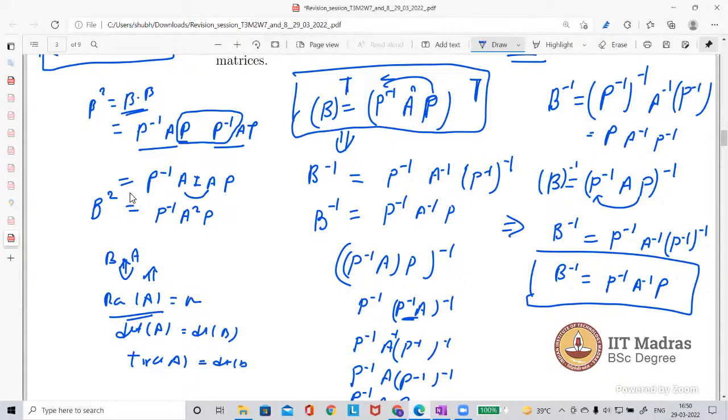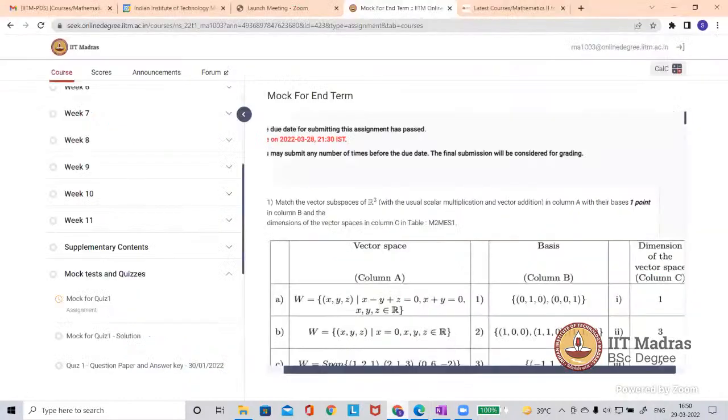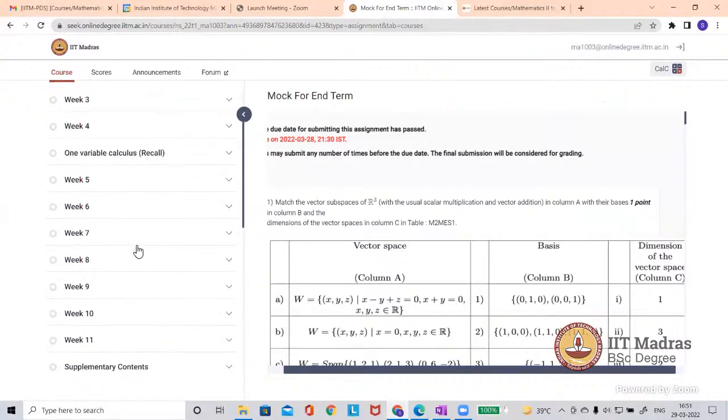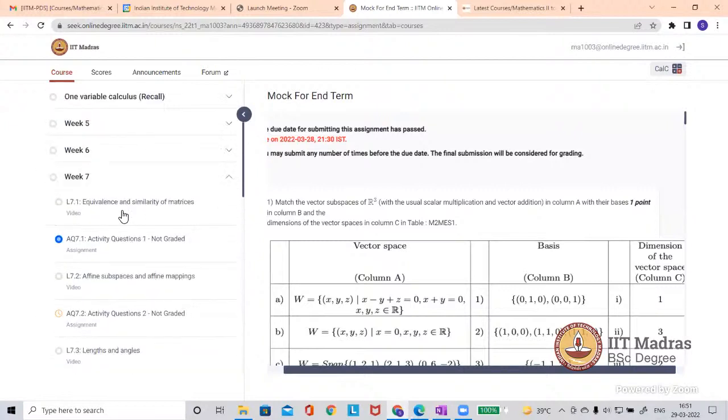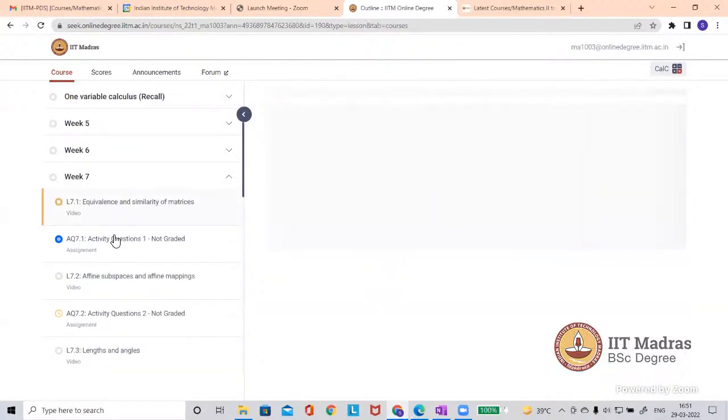There is an activity question on this. You can take it up to see why these two are not going to be similar.